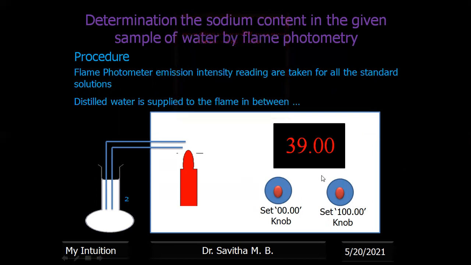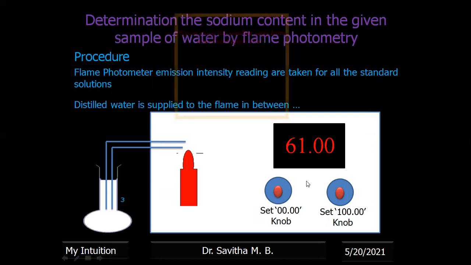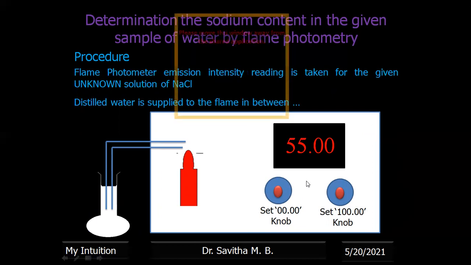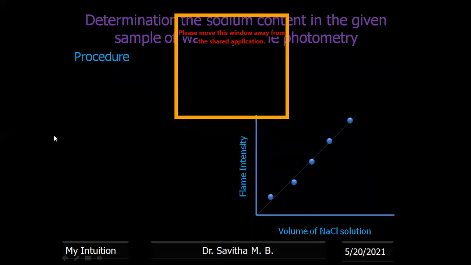The second solution is aspirated, and the reading is noted down. Similarly the third, fourth and fifth solutions are aspirated, and the emitted radiation intensity is measured. The unknown concentration also has to be aspirated, and its emission also has to be noted down.